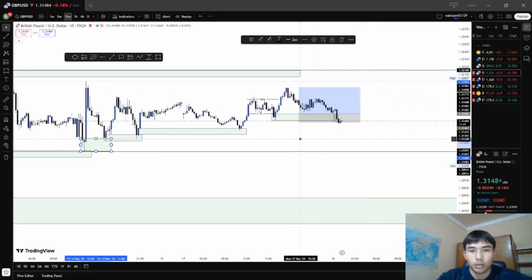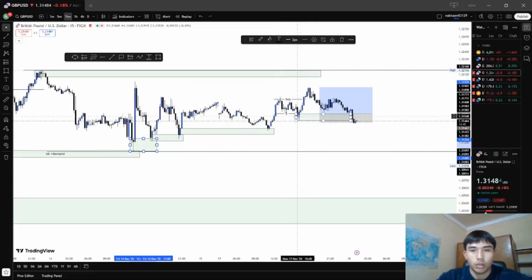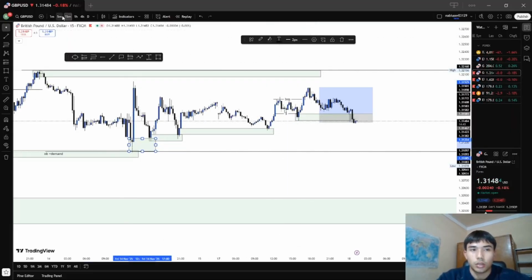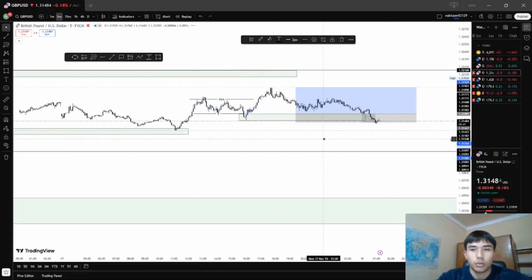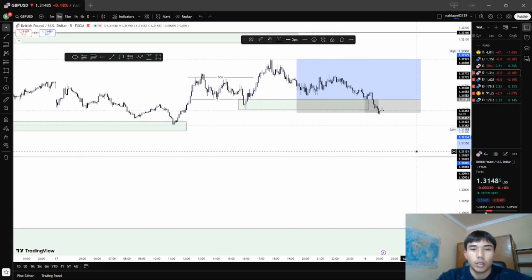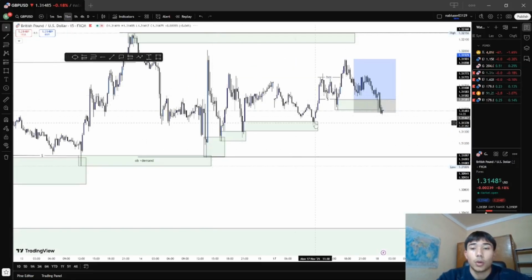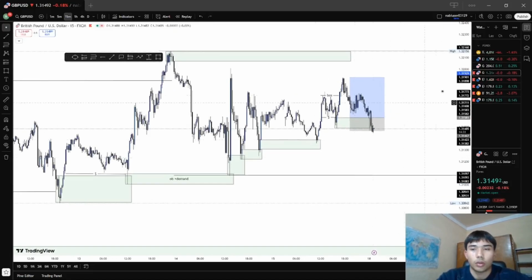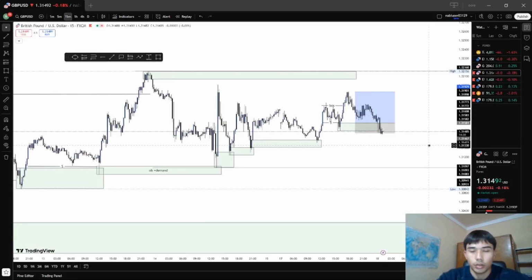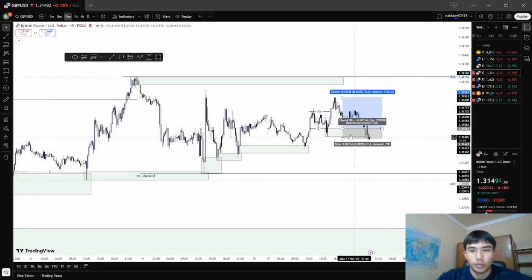And I thought it's going to respect the third demand zone, and I entered with a lower time frame to make sure I really have a key sniper entry, but I was absolutely wrong because I didn't respect my key level as obvious.